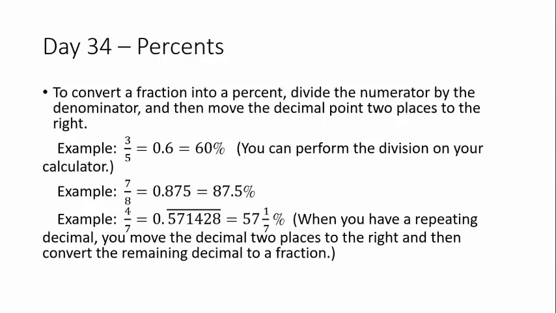So if you look at your calculator display, you'll see 142857. This decimal, 0.142857, is 1/7. So our percentage is 57 1/7%.